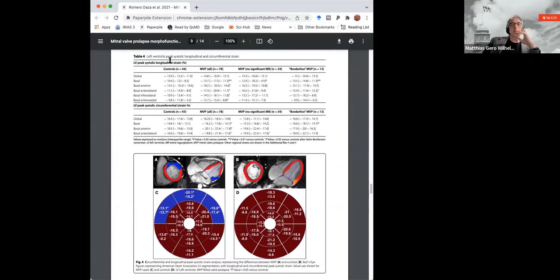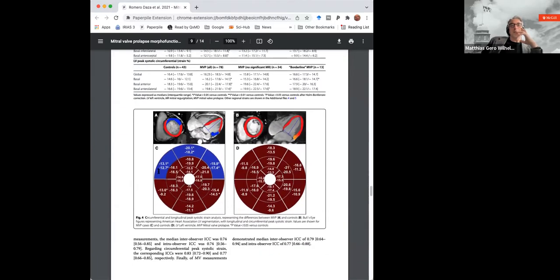So here you can see in the table, and then also as a figure, the peak systolic, longitudinal, and circumferential strain values in controls, and then in patients with mitral valve prolapse. And you see there are quite a lot of statistically significant differences for the basal anterior, mainly the basal parts of the left ventricle.